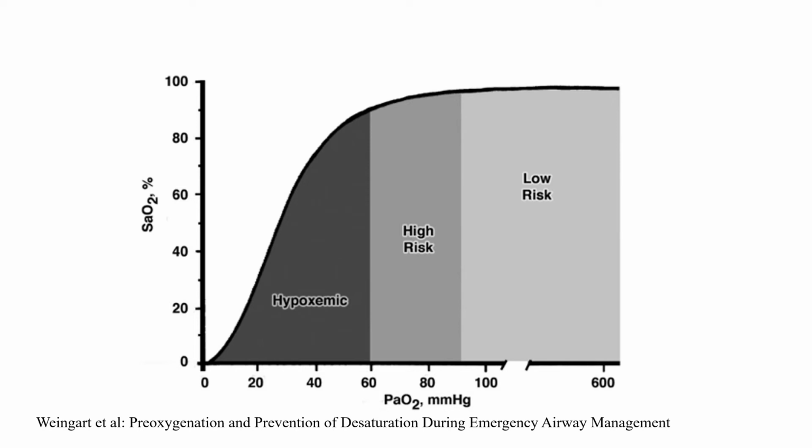There's an important concept to know about here, and that's this oxygenation curve, where you see when a patient actually desaturates, and how the affinity of oxyhemoglobin becomes different with lower concentrations of oxygen.